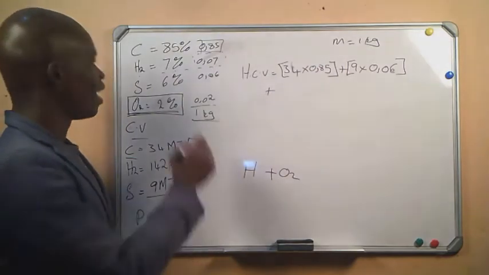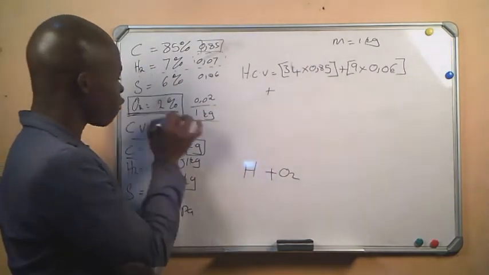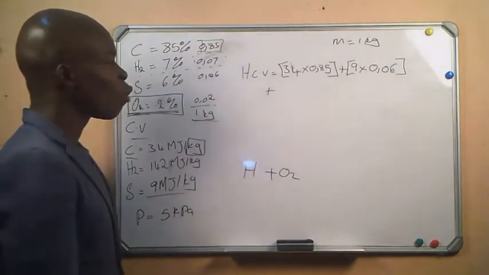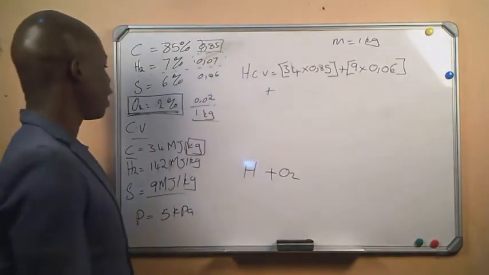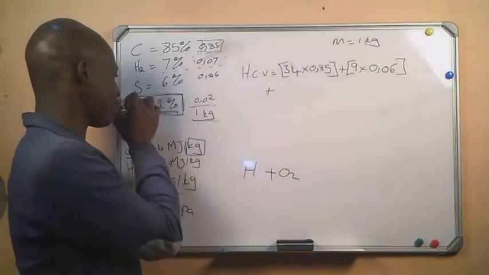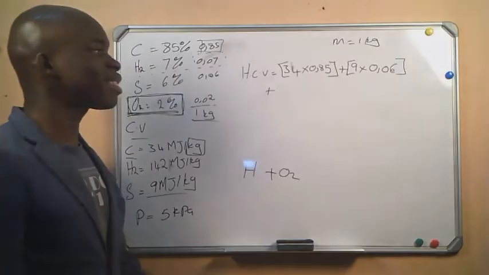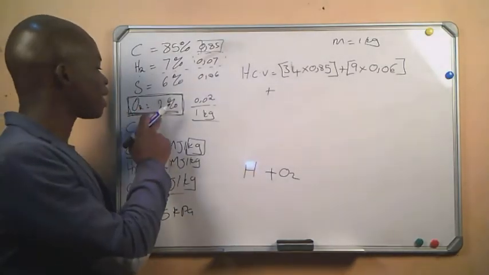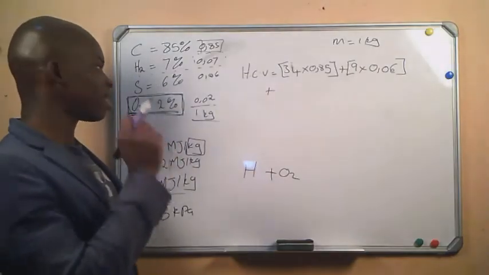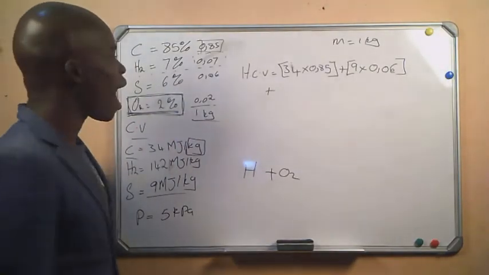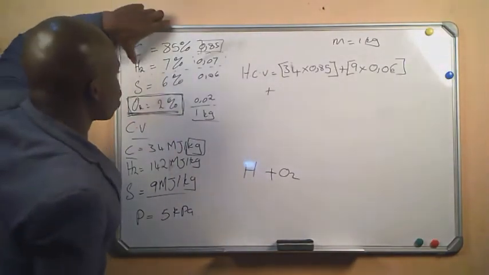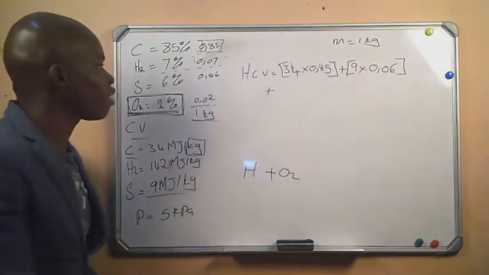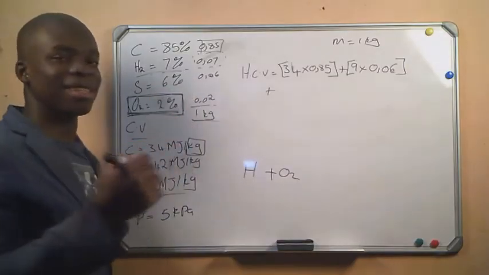I repeat, if we have oxygen in the system, we assume that by the time we start combustion, the oxygen that is already in the system has already undergone combustion with some of the hydrogen that is in the system.